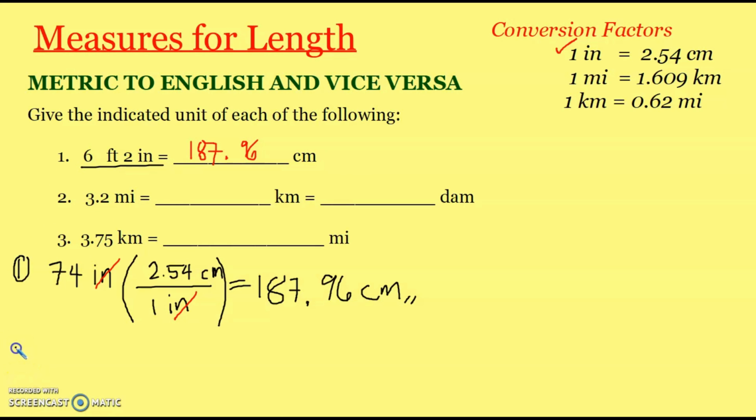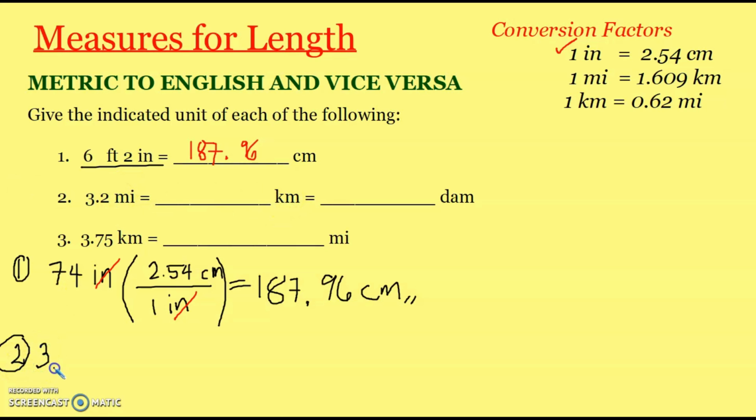Okay, so for number 2, we have to convert 3.2 miles into kilometers and decameters. Okay, as we can see, as we observe here, pareho tong metric. Okay, so ang kinakailangan lang muna natin ay ma-convert itong miles into kilometer.